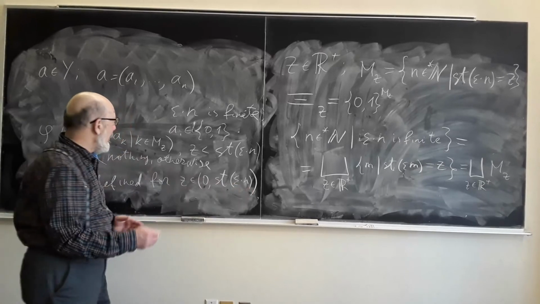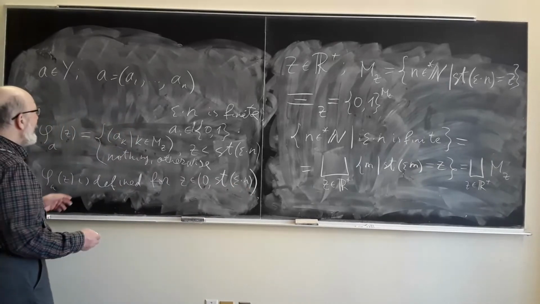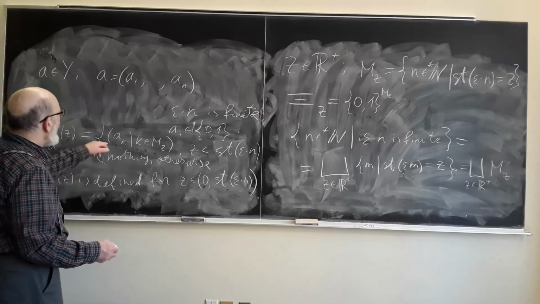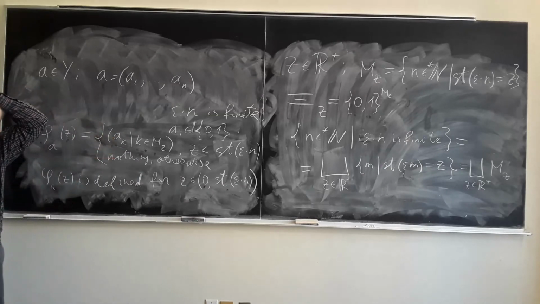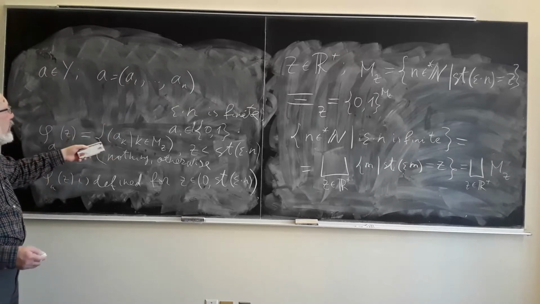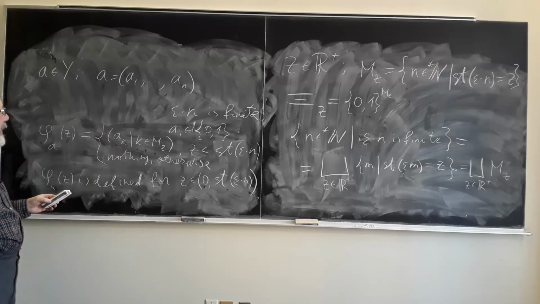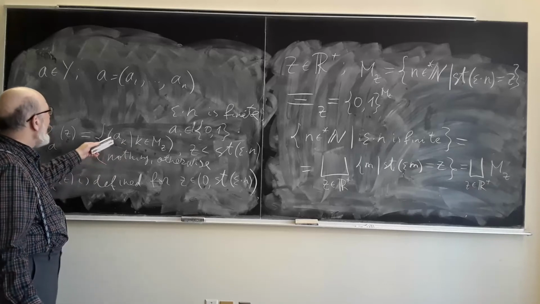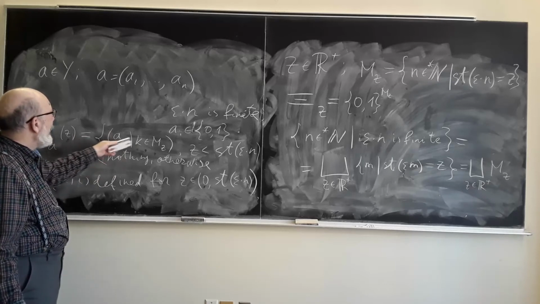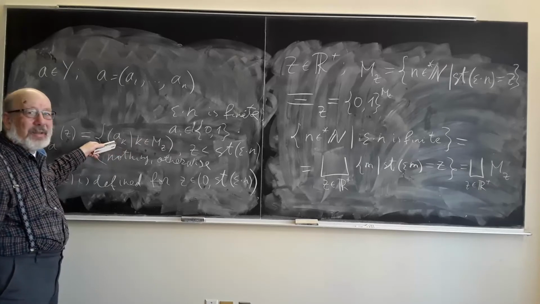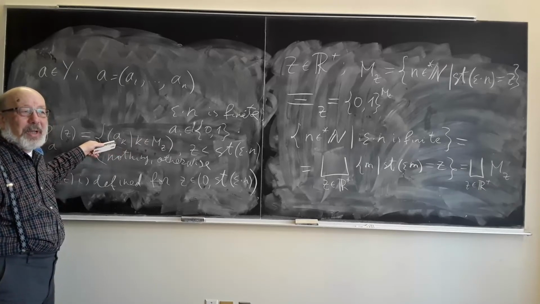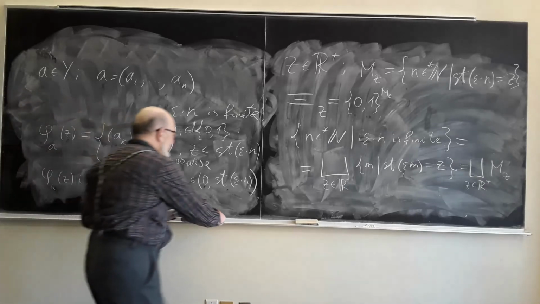Yeah? So it's the function. And what is the image? Where does it take values? It is the piece of sequence, so it takes values in the space of all such sequences.